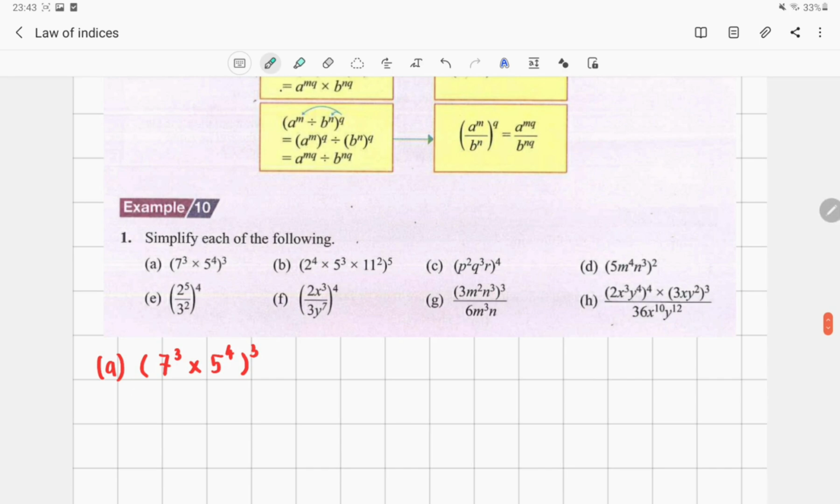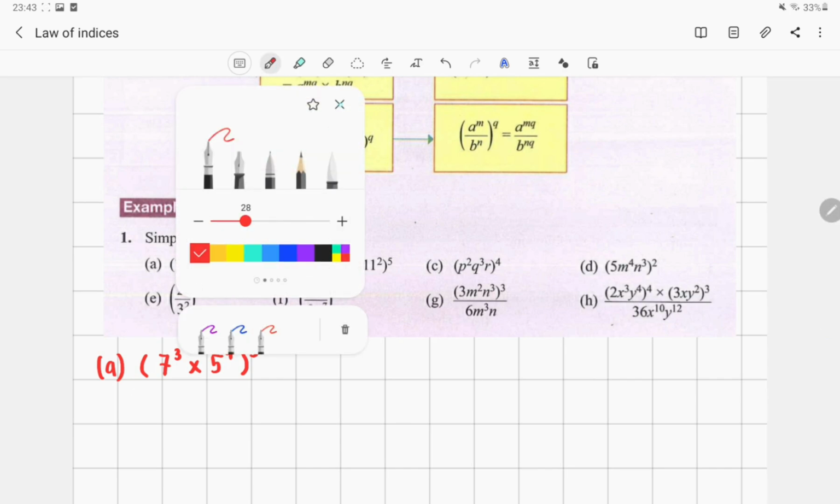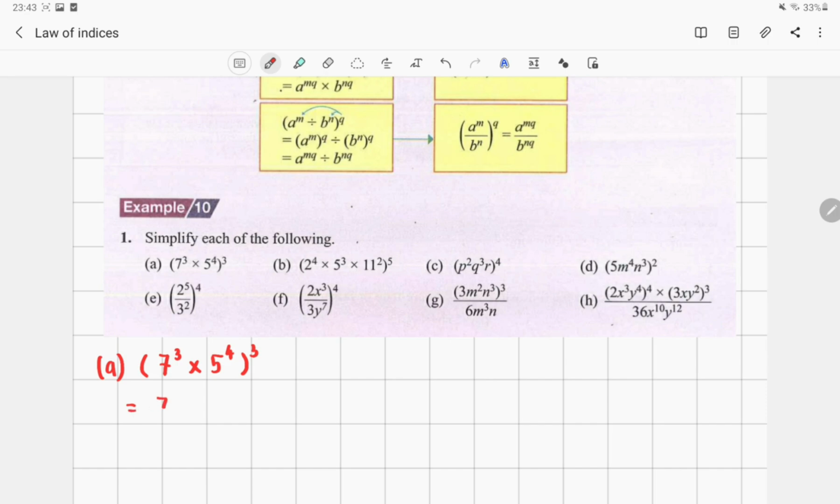So 7 will be to the power of 3 times 3, multiplied by 5 to the power of 4 multiplied by 3. The answer here is 7 to the power of 9 times 5 to the power of 12. This is the answer, because this question asks you to simplify, so no need to find the value.